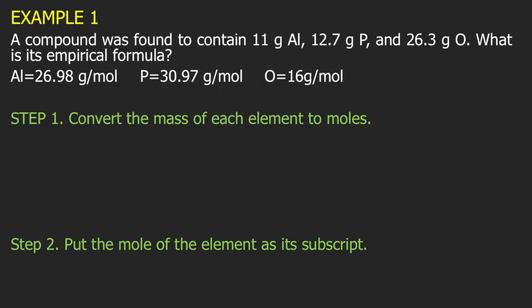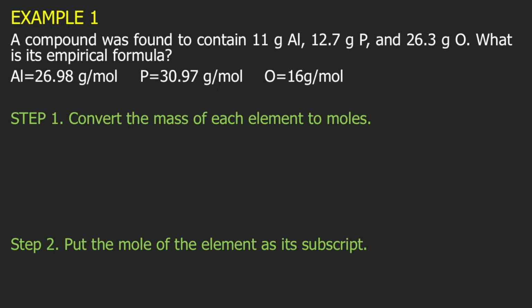A compound was found to contain 11 grams of aluminum, 12.7 grams of phosphorus, and 26.3 grams of oxygen. What is its empirical formula? And below, we are given the atomic masses of each element. These atomic masses can be found in the periodic table.